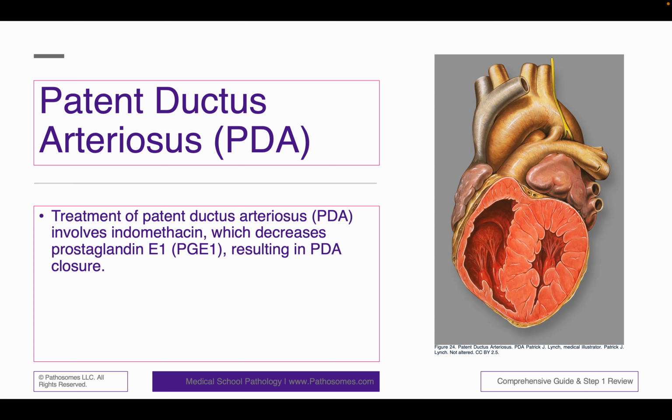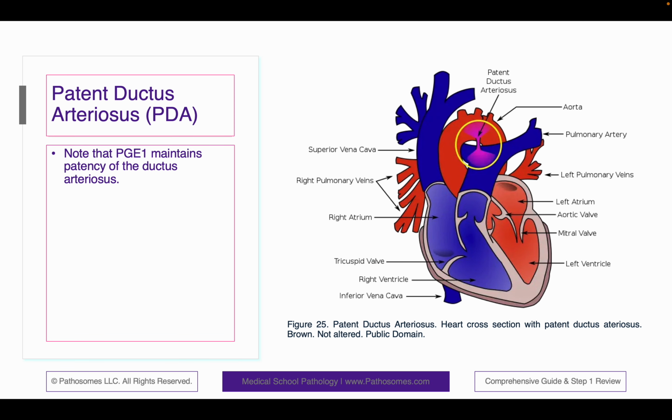Treatment of a PDA involves indomethacin, which decreases prostaglandin E1, resulting in the PDA closure. Note that PGE1 maintains patency of the ductus arteriosus.